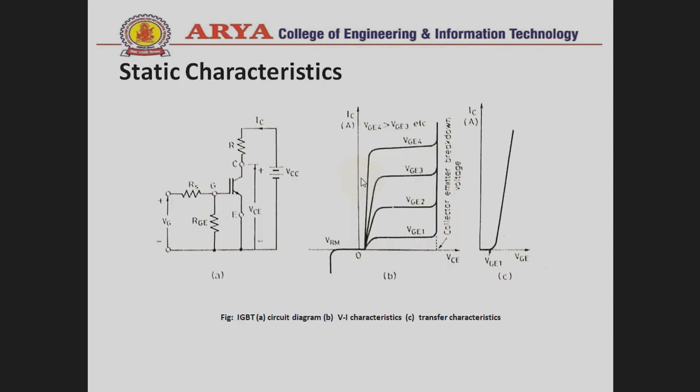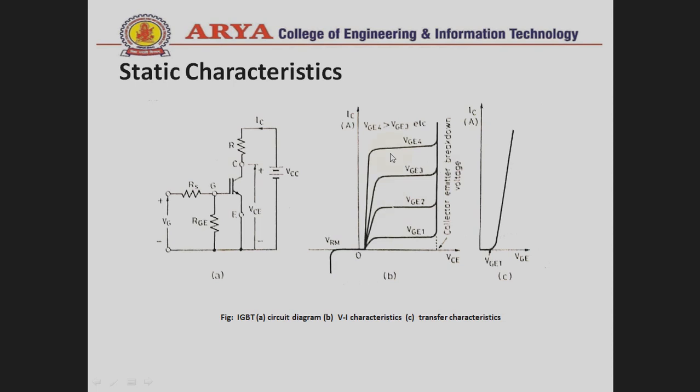Now, in the static characteristics, two characteristics are present, that is the VI characteristics and the transfer characteristics. The VI characteristic is a plot of collector current versus collector-emitter voltage for various values of gate-emitter voltage.